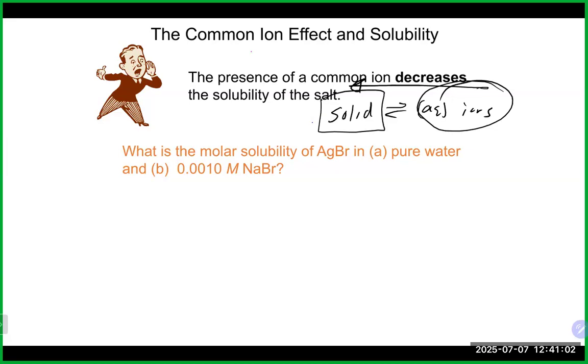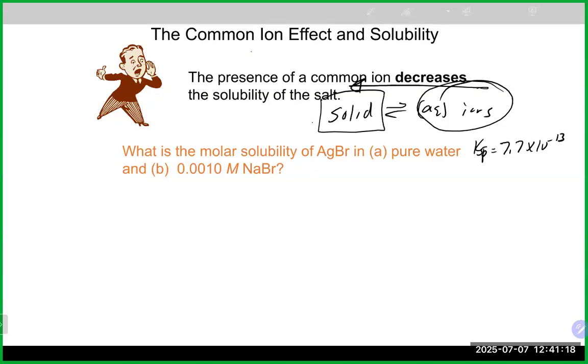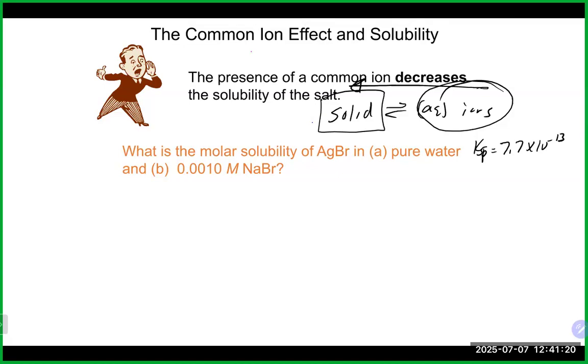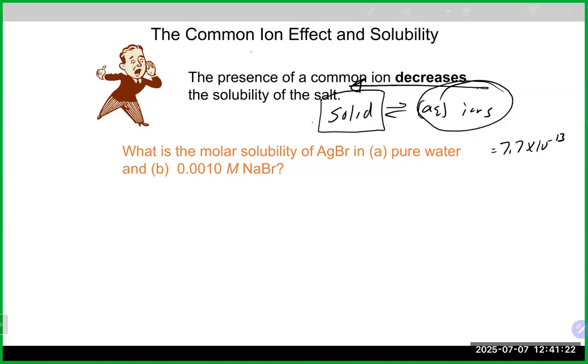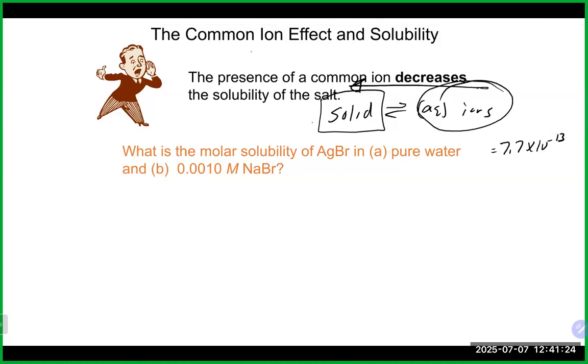So if we look at an example of this, take silver bromide, with a KSP of 7.7 times 10 to the minus 13. If we look at the solubility of silver bromide in just water, and do that calculation just like we did previously, we take our silver bromide, which obviously has a KSP value, so we know it's a solid.